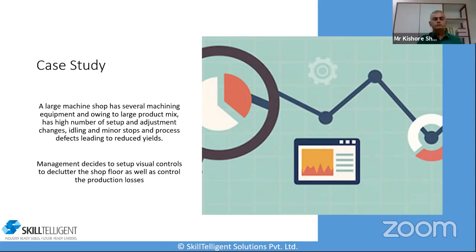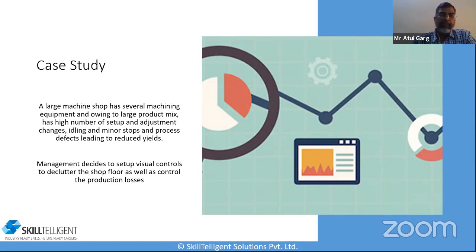Since you have a large product mix, you have a high number of setups and adjustment changes. Your idling and minor stops increase as well. Since you have a large number of machines, minor setups, though they may seem only 2 minutes per machine, when you take 300 machines over 24 hours, the number of hours lost to minor stops can be substantial.